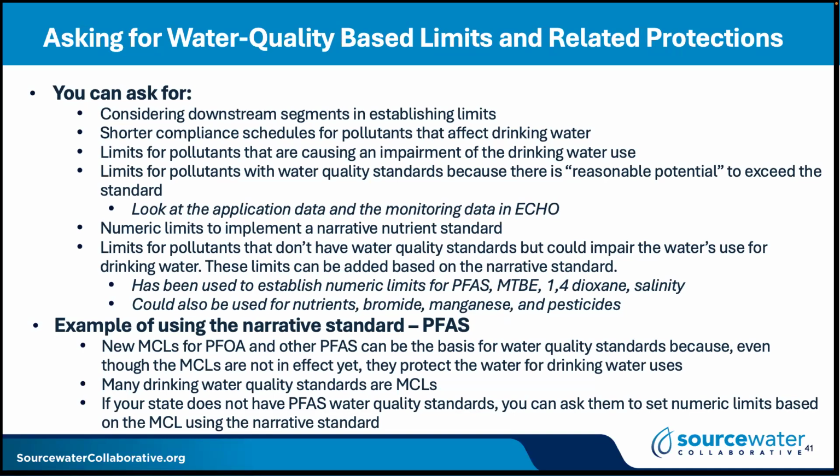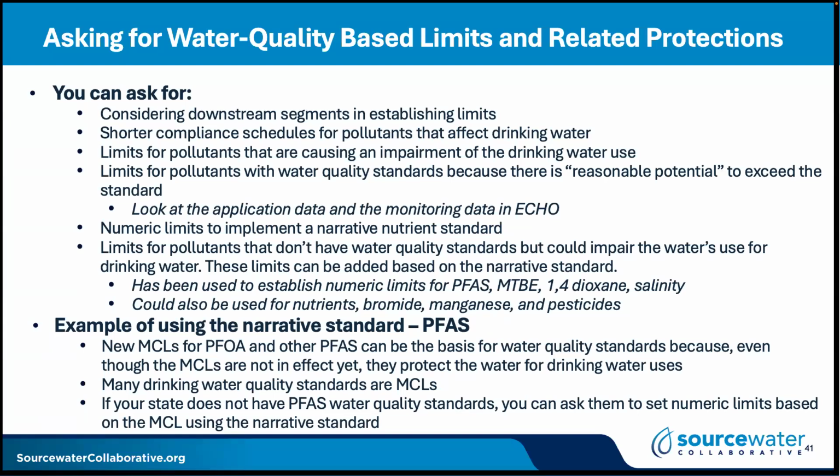So those limits can be the basis for one of those water quality standards we're talking about, like copper, that 1.3 milligrams per liter. So, you could ask your state to establish those PFAS MCLs as the water quality standards for PFAS. That takes a long time.